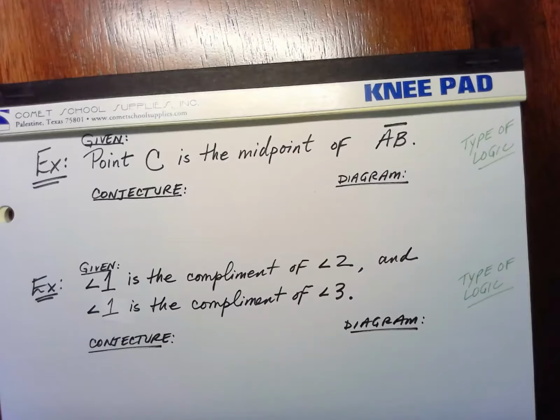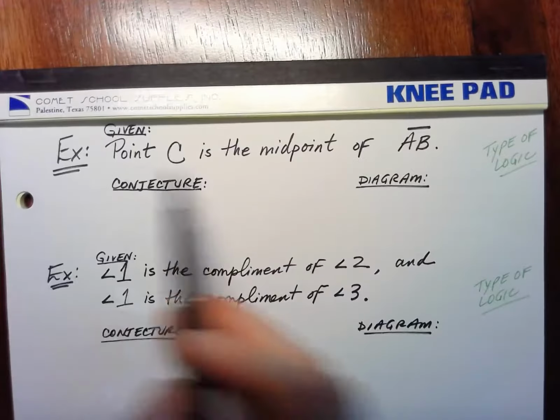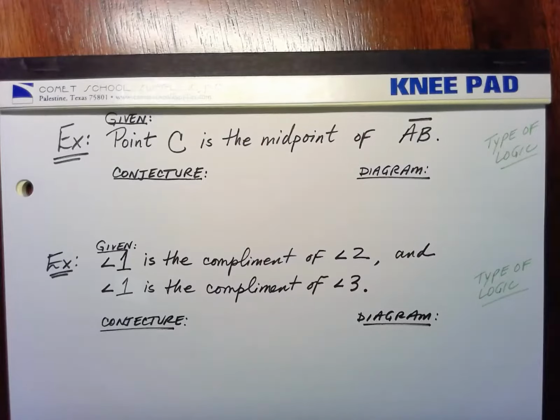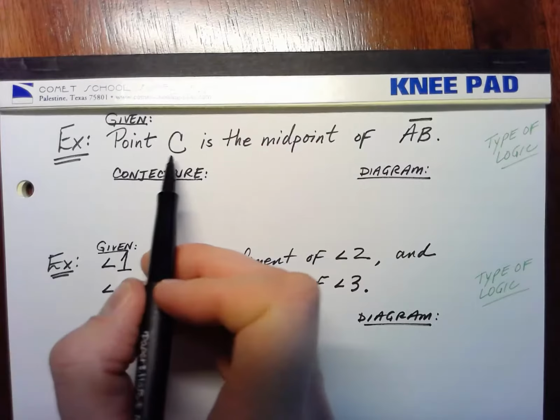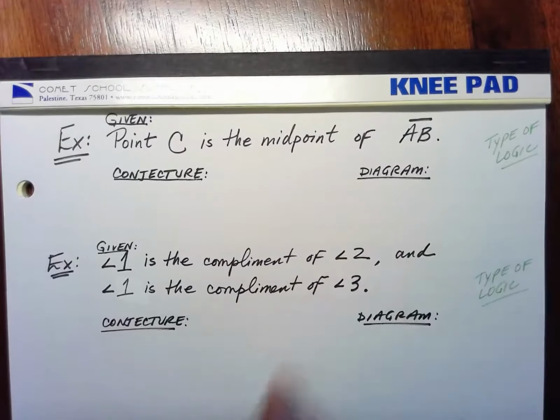If the given is that point C is the midpoint of line segment AB, now remember, this is a given, so you just assume that this is true as can be, okay? If point C is the midpoint of AB, well, let's draw a diagram that demonstrates this.